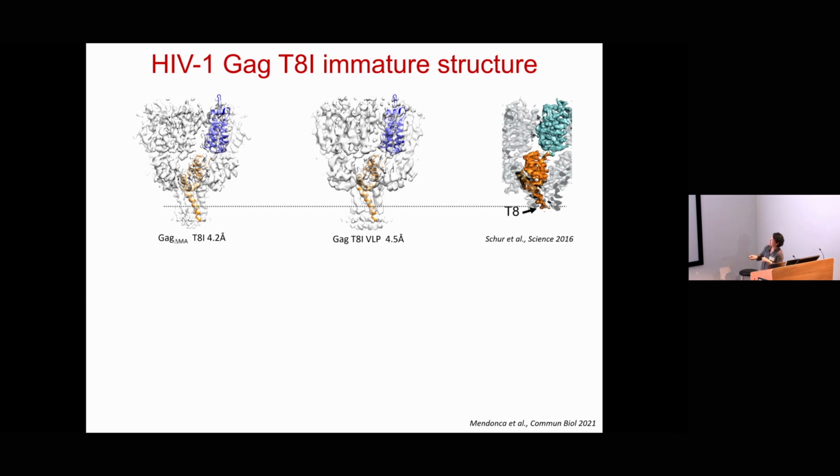So shown here is the T8I Gag from E. coli, and this is from VLP from mammalian cells, HEK293 cells, and you see the structure is very much similar. But we can compare with the earlier structure done by Florian Schur in John Briggs' group.